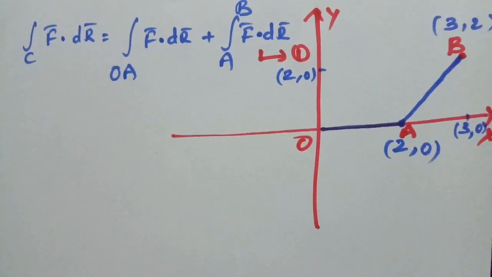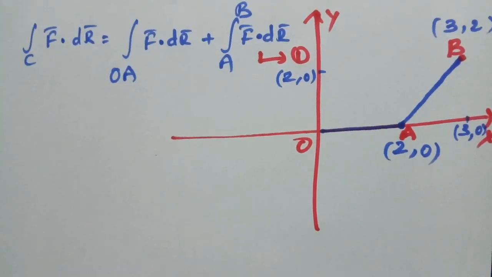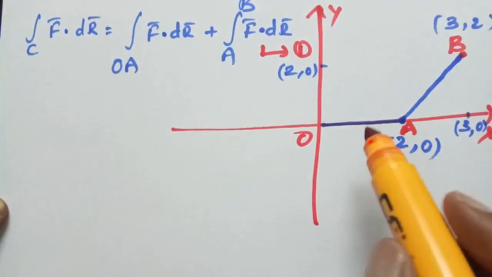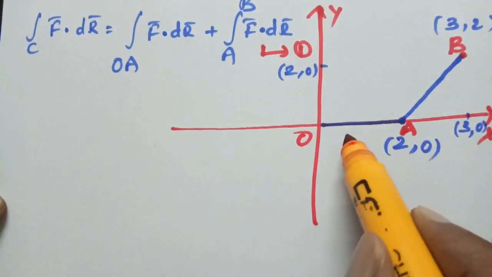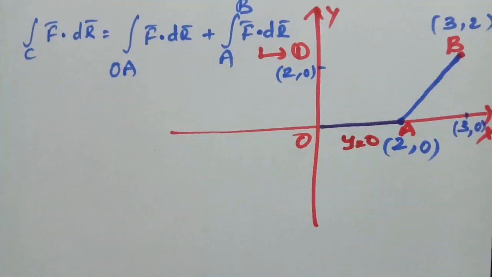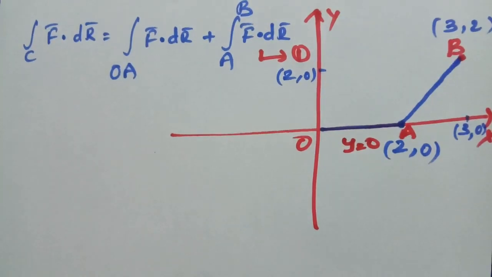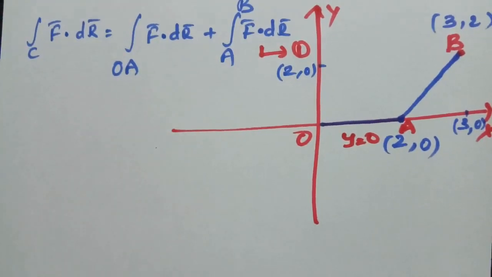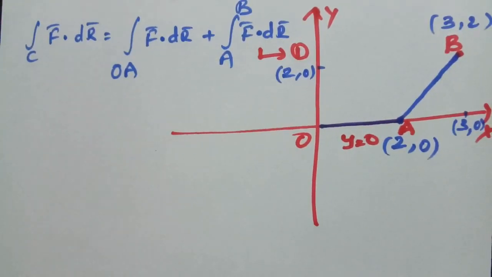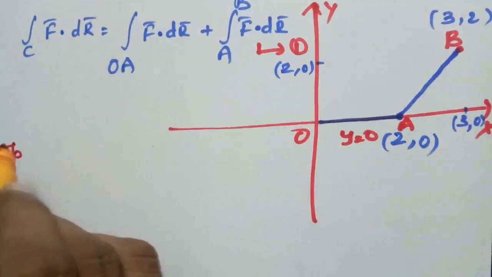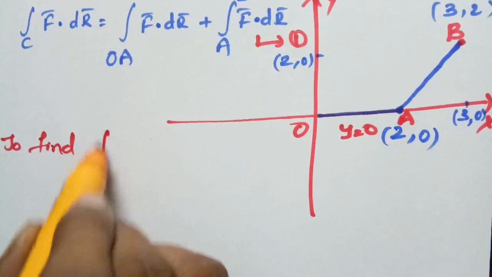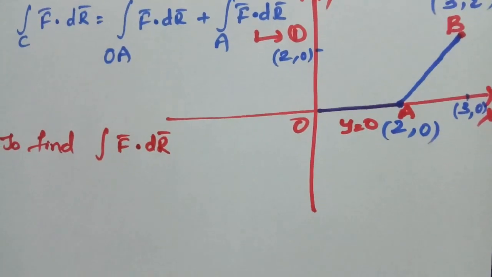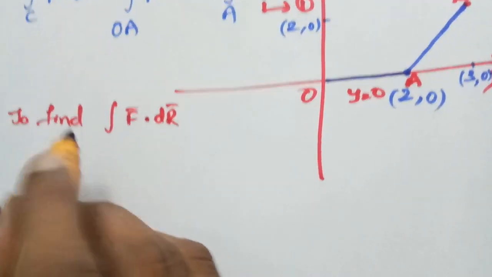Here, along OA, what is the equation of OA? OA means this is the x-axis. Equation of x-axis is y is equal to 0. Equation of y-axis is x is equal to 0. Now, first find the integration of f bar dot dr bar along OA.